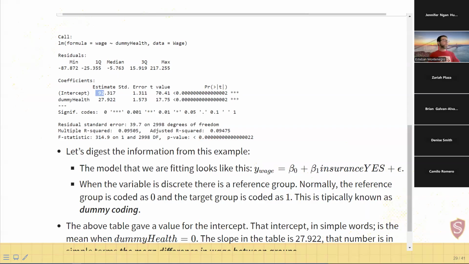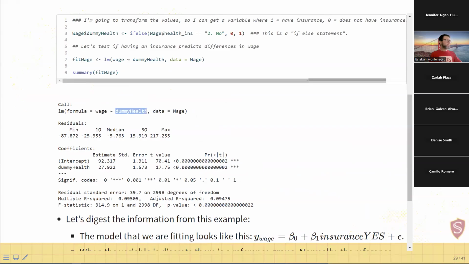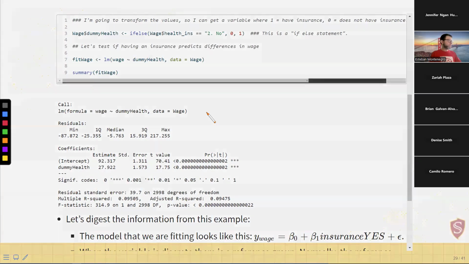Well, given that my only predictor is a binary variable, right? In this case, one means people have insurance, right? I'm going to call this ins. And zero means they don't have insurance, right? No insurance. So it's now a binary variable.